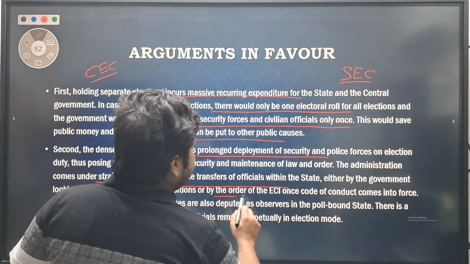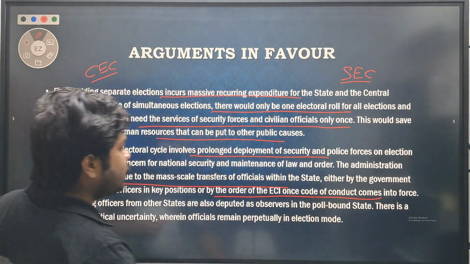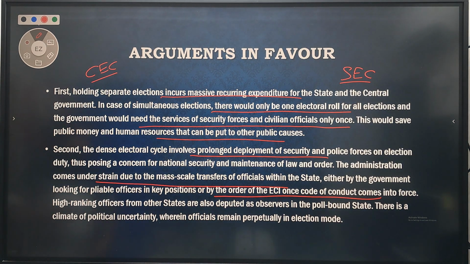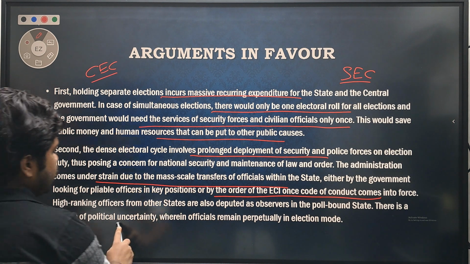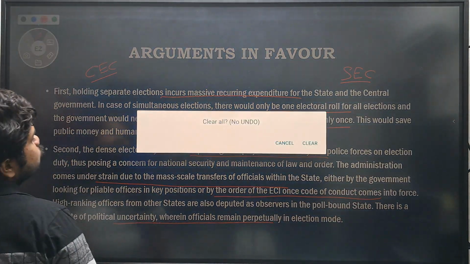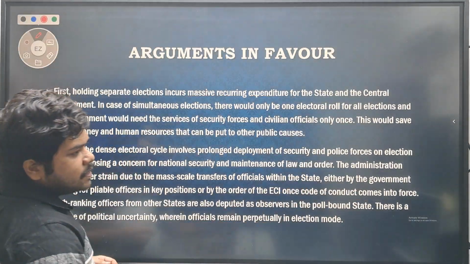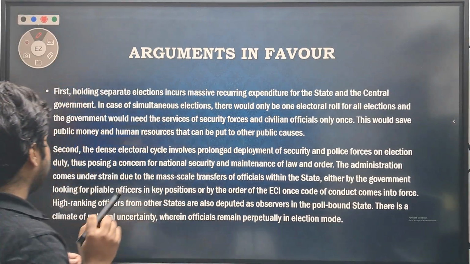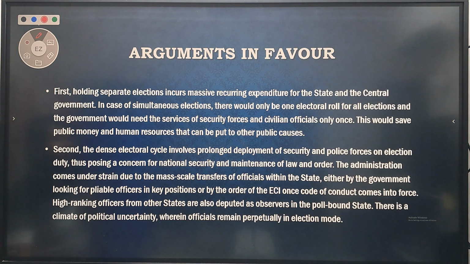By the order of the ECI, once the code of conduct comes into force, high ranking officers from other states are also deputed as observers in the poll-bound state. So there is a climate of political uncertainty wherein officials remain perpetually in election mode. This election mode is a typical governance or administrative problem for the country.